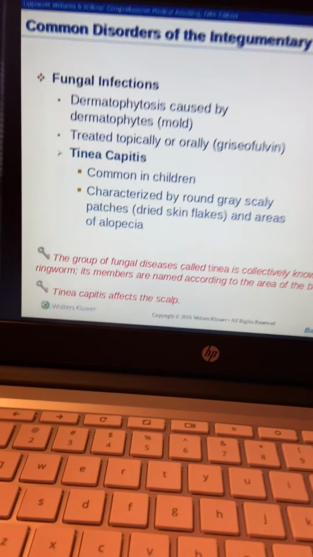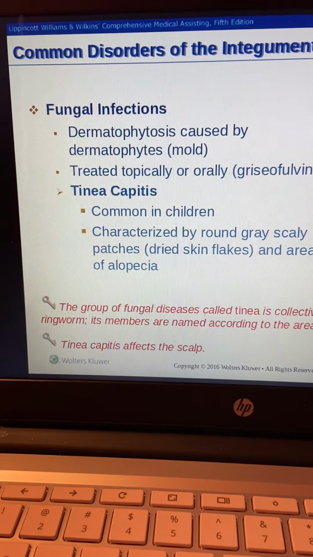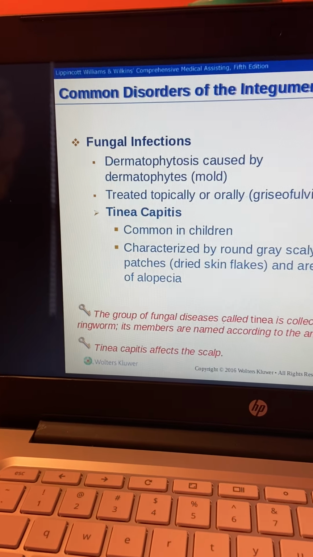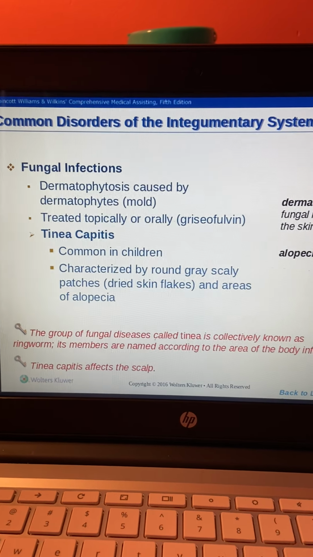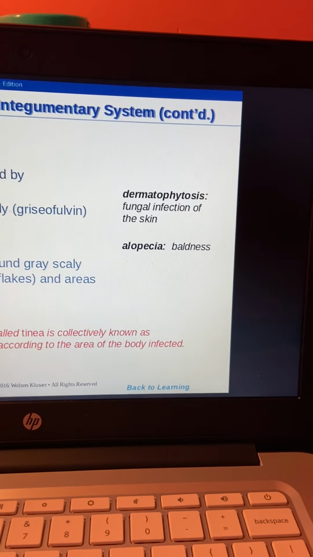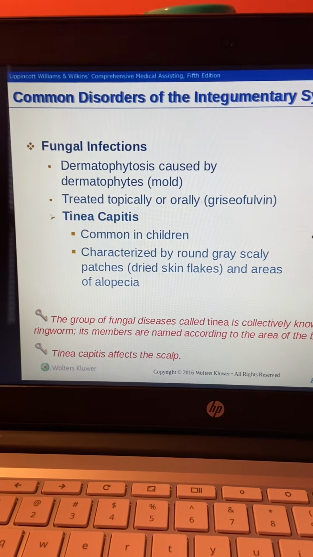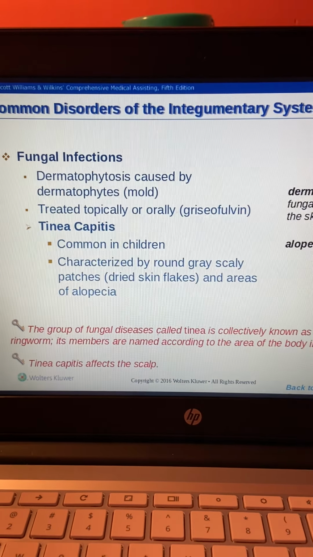Fungal infections. Your fungal infections could include dermatophytosis, which is caused by dermatophytes, which are molds. Dermatophytosis is a simple fungal infection of the skin, and this is treated topically or orally with medication.